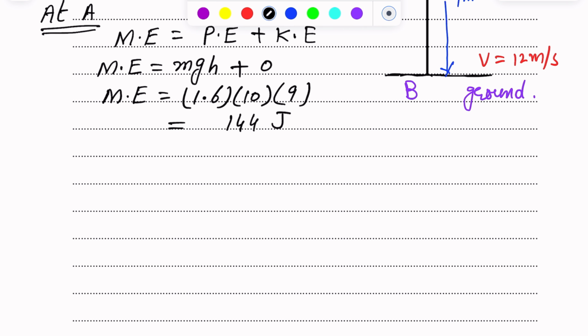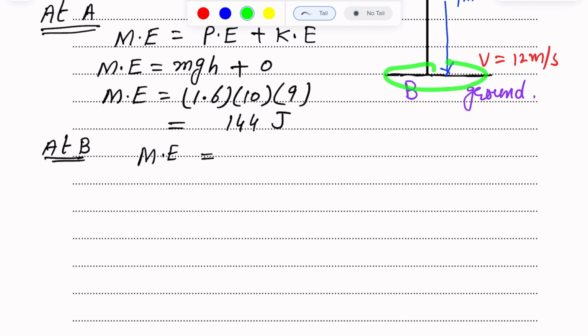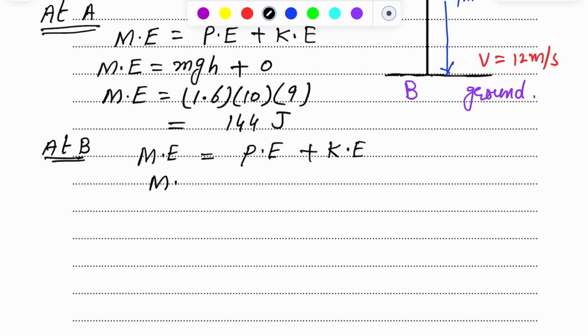Similarly, at point B, we will find the mechanical energy. Potential energy is 0 because the height is 0, since the particle has reached the ground. So potential energy plus kinetic energy, where kinetic energy is 1 over 2 mv squared.